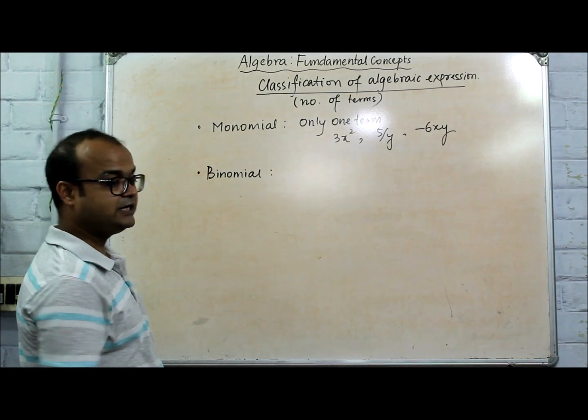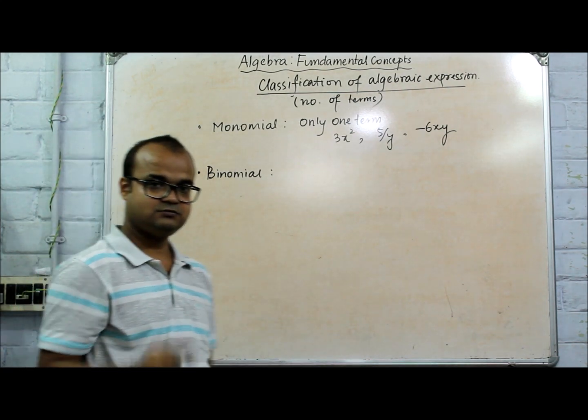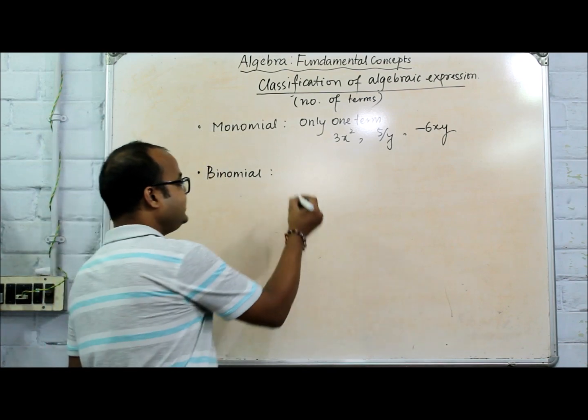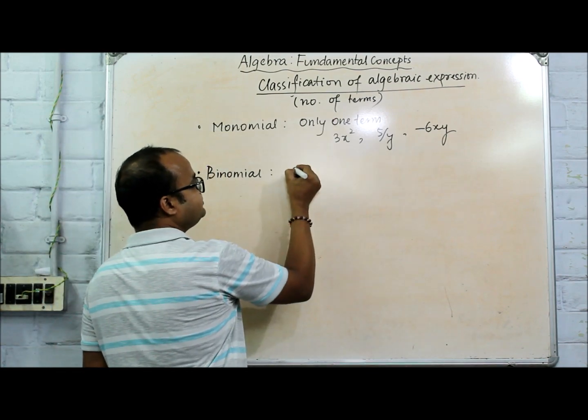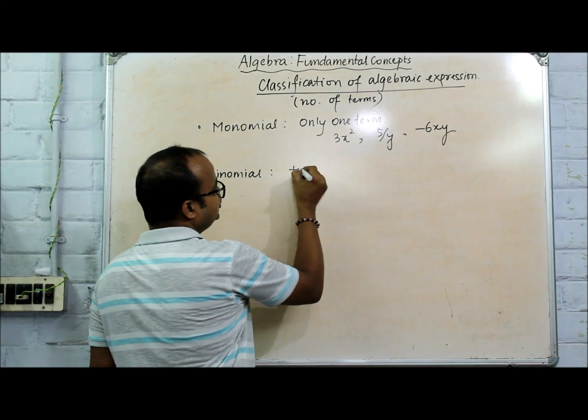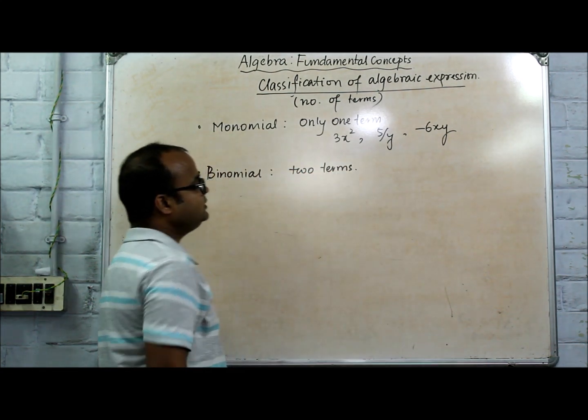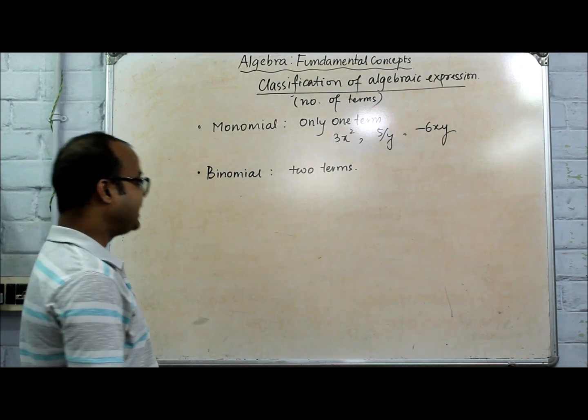Second is binomial, like bicycle, 2. Binomial means if an algebraic expression contains two terms, then we call it a binomial.